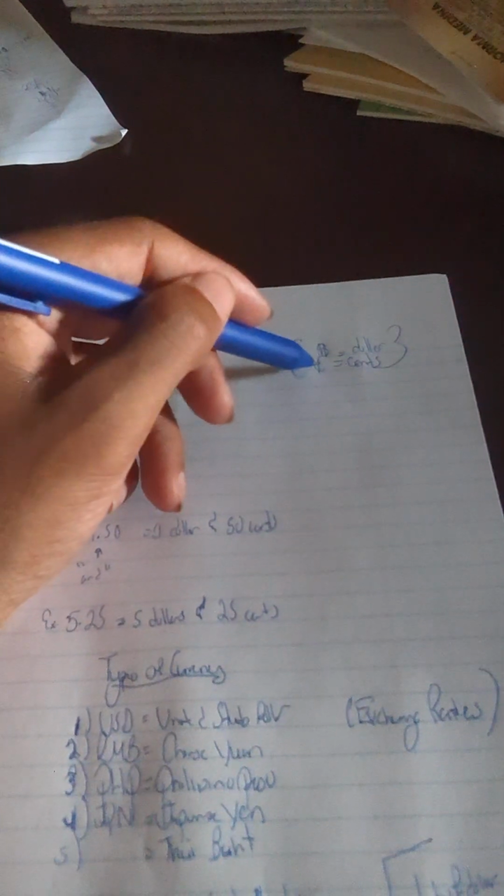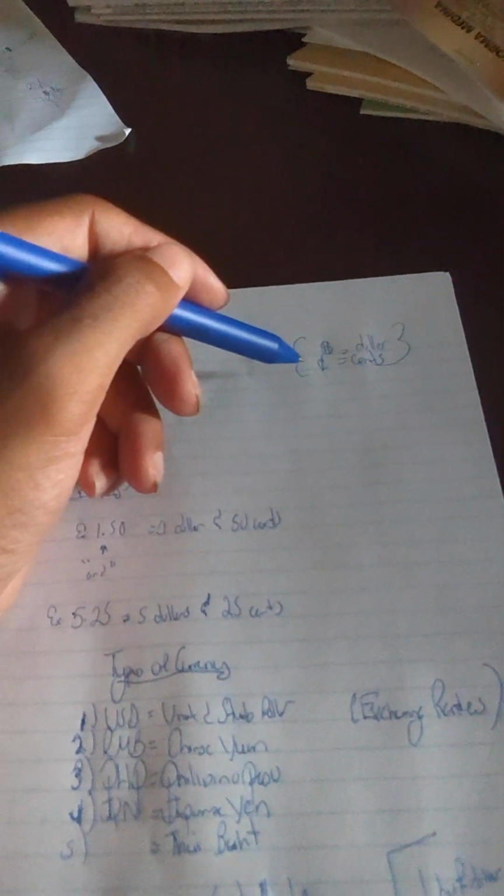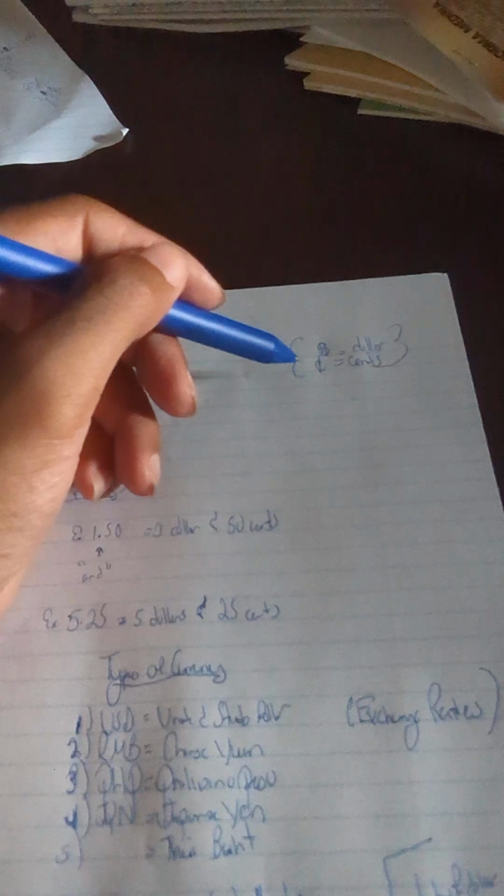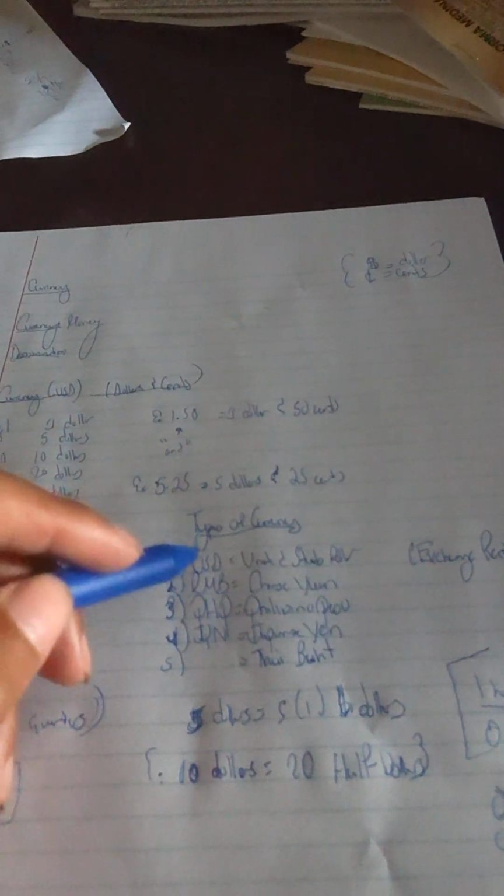In the American sense, or in a general sense, when we talk about money using these symbols, we use the S sign with the little slash to indicate dollar, and we use this little sign to mean cent.